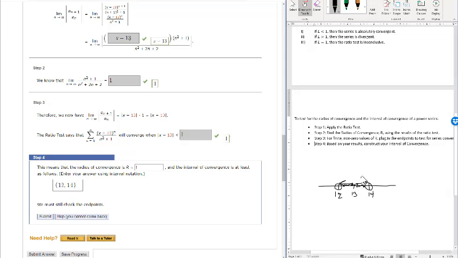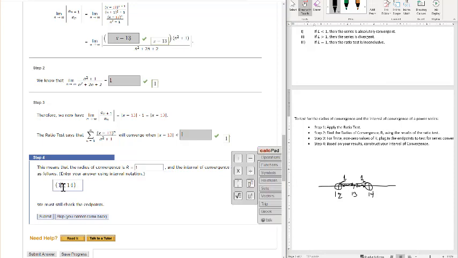So that's 1 unit away on the left and 1 unit away on the right. So the radius of convergence is 1. We know that we're going to go up to 12 on the left side and 14 on the right side. But it's still a question whether we should include 12 and 14.